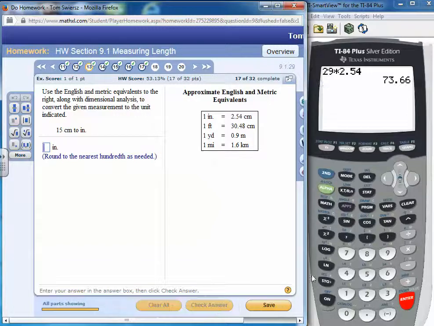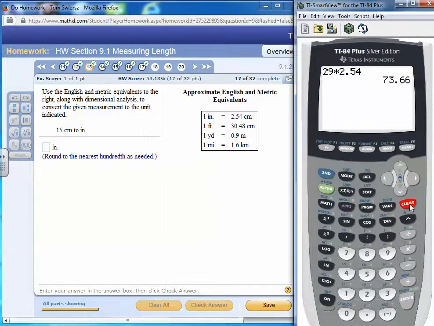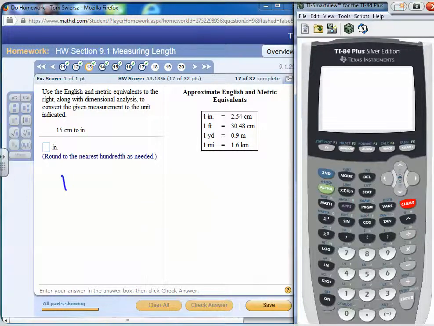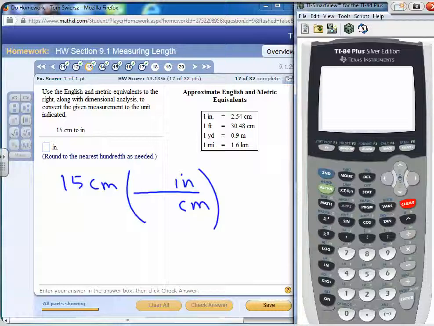All right, question number 13. 15 centimeters to inches. Okay. So again, dimensional analysis, 15 centimeters. The unit we want to convert to, inches, is in the numerator. Centimeters, what we want to cancel, goes in the denominator.